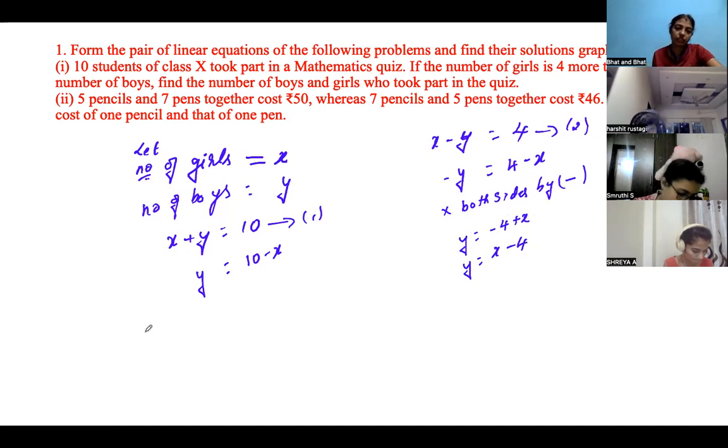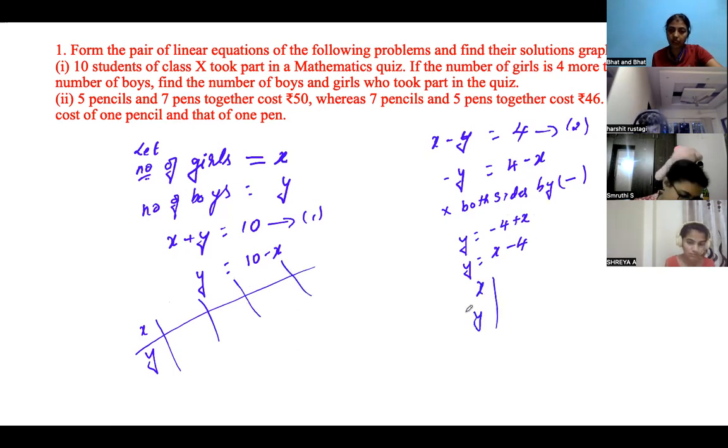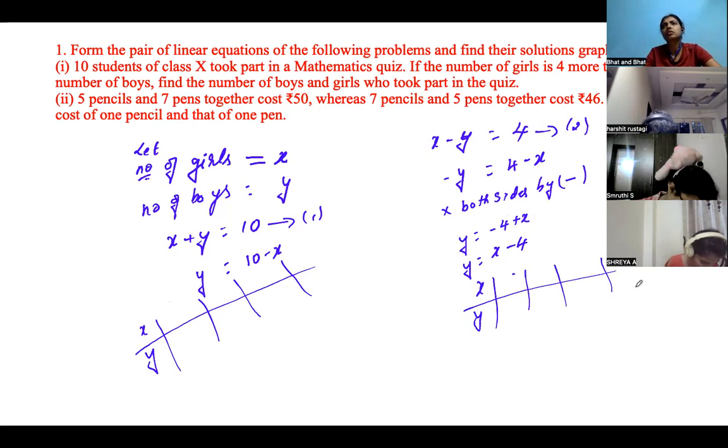Okay, can you tell me the coordinate points for x and y? What value of x have you taken?